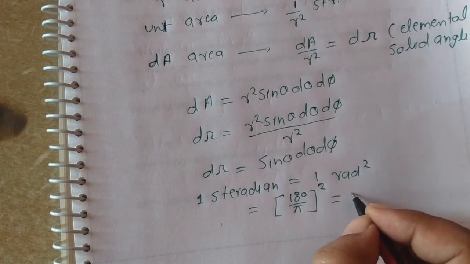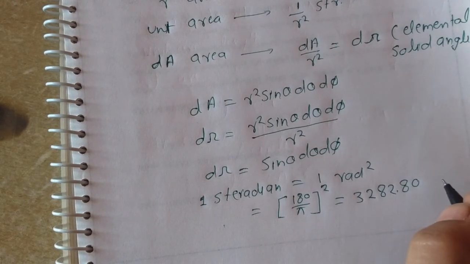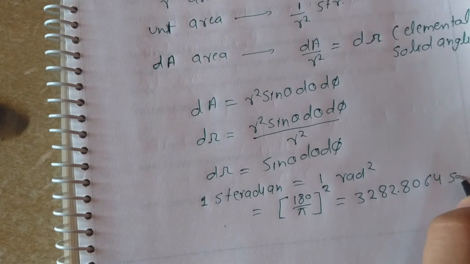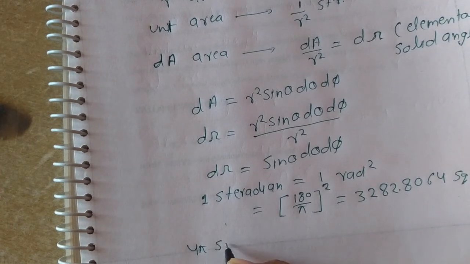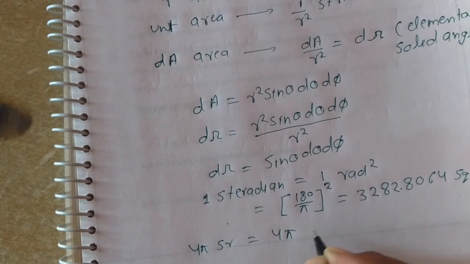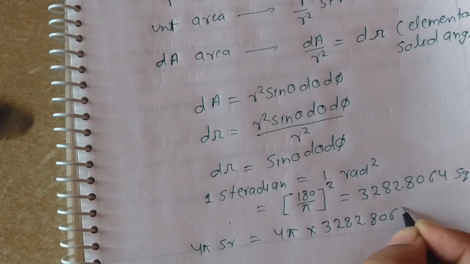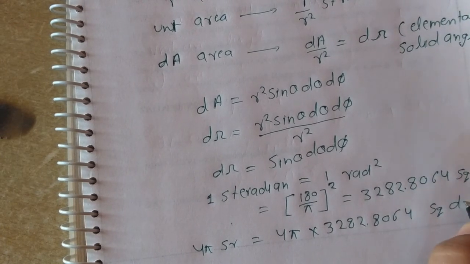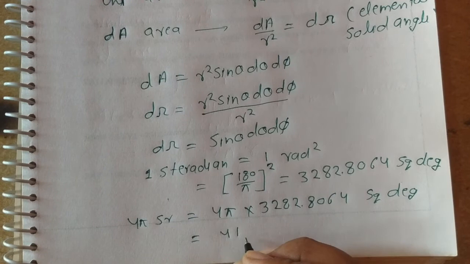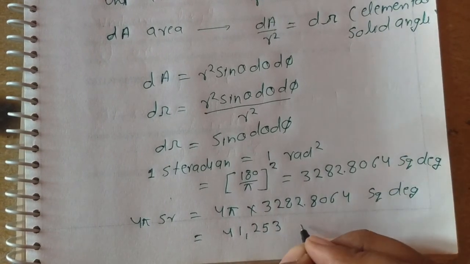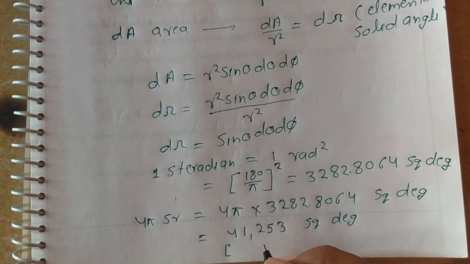Okay, so that is equal to 3282.8064 square degree, and 4 pi steradian equal to 4 pi multiply 3282.8064 square degree, that is equal to 41253 square degree.